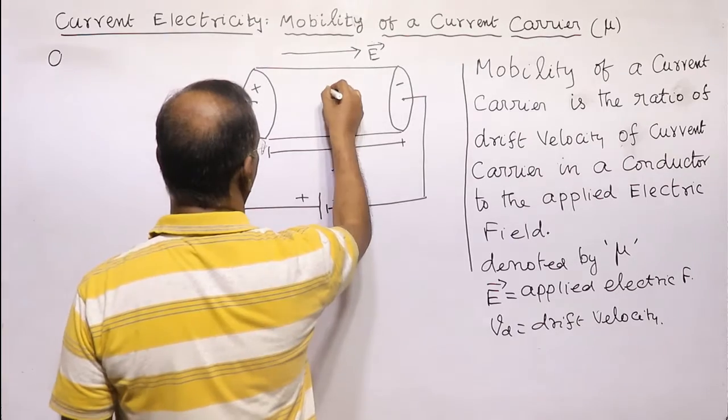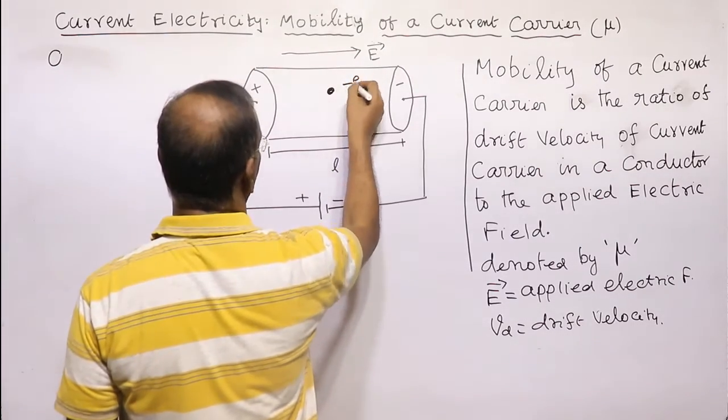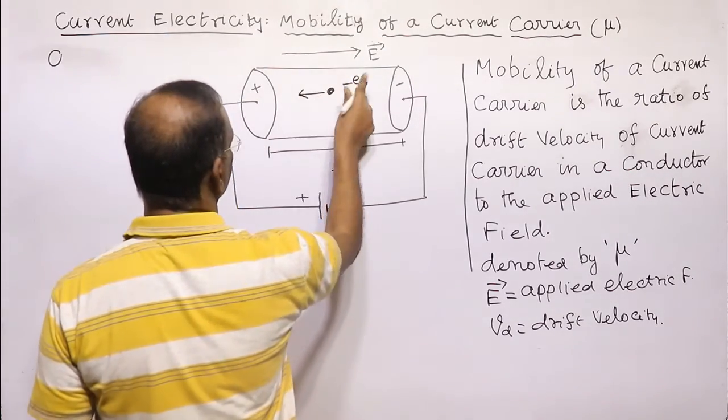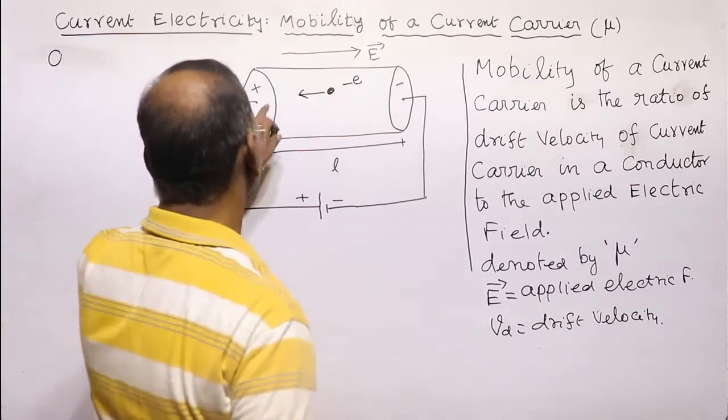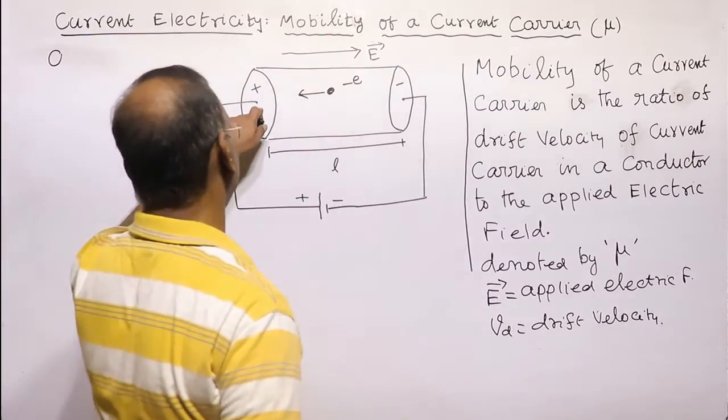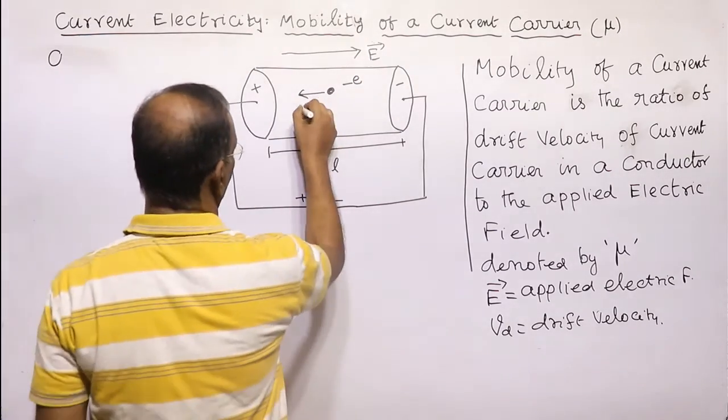Suppose we take an example of one electron. Because it is a negative charge, it will be pulled to this side, so it will drift towards the positive terminal with a force.